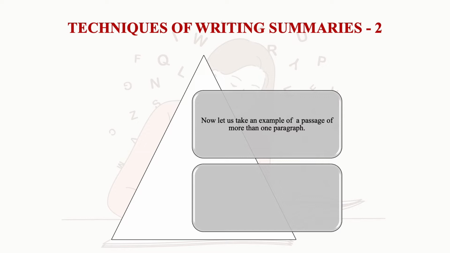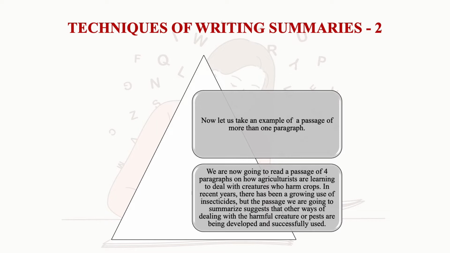Now, let us take an example of a passage of more than one paragraph. We are now going to read a passage of 4 paragraphs on how agriculturists are learning to deal with creatures who harm crops.